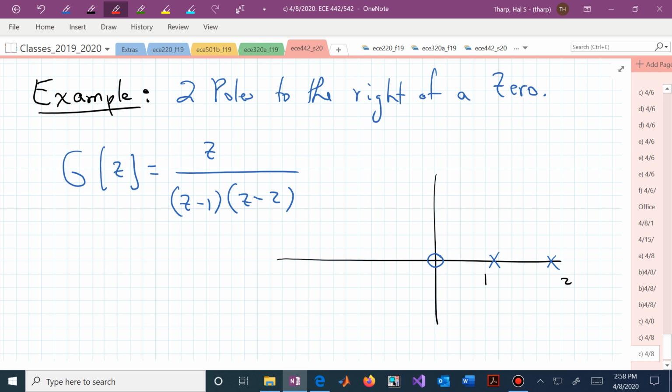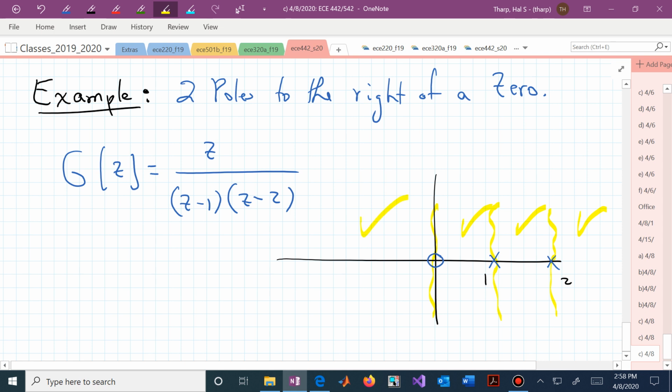From rule number 2, how many line segments do we have identified now by this pole-zero pattern? How many places have we cut the bread? How many places have we actually separated our real line into line segments? Hopefully you see that we've cut the bread there, there, and there, and we have a piece there, a piece there, a piece there.